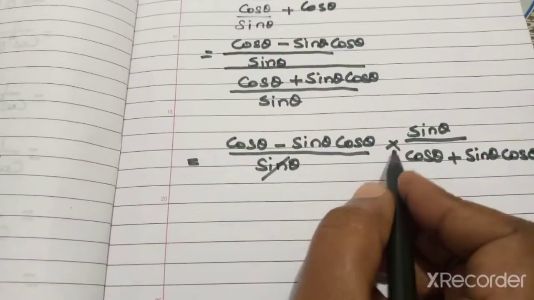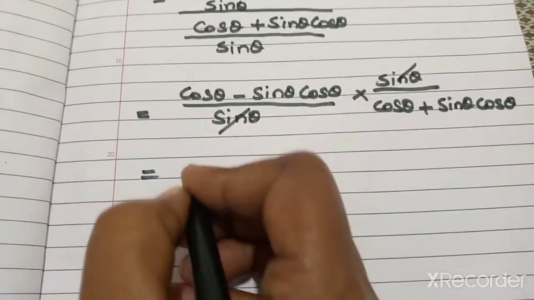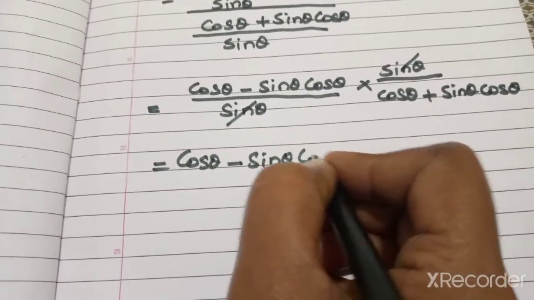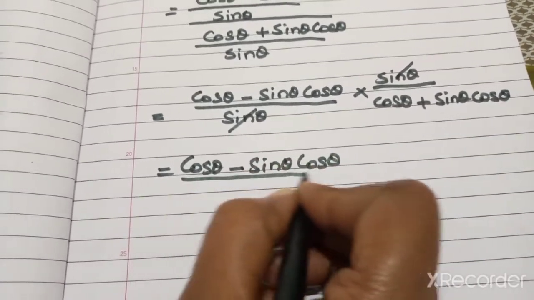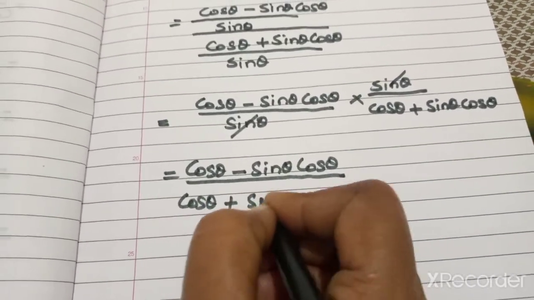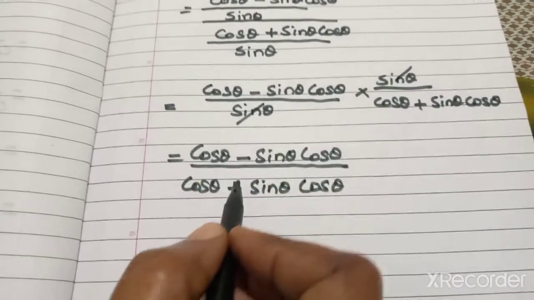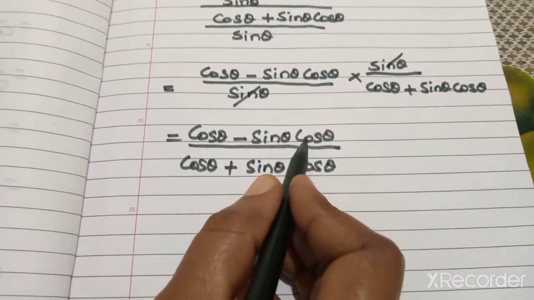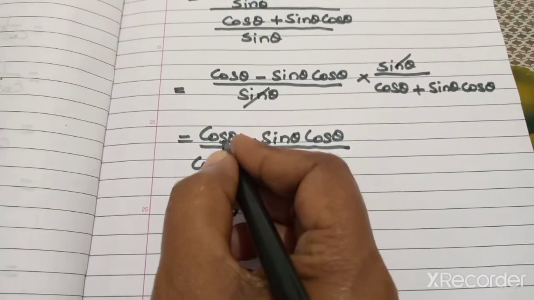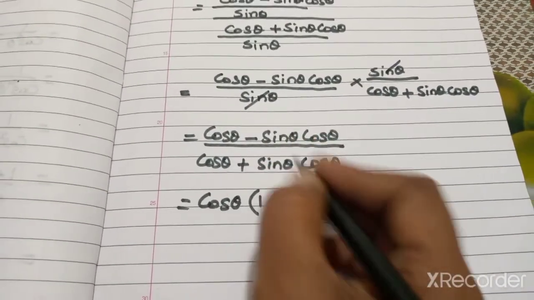Now this sin theta multiplication can be cancelled, okay. Sin theta cancels, remaining write it: cos theta minus sin theta cos theta divided by cos theta plus sin theta cos theta. What can we do? The common term, let us take outside, okay. Cos theta, here also cos theta is there, take it out: cos theta into 1 minus sin theta.